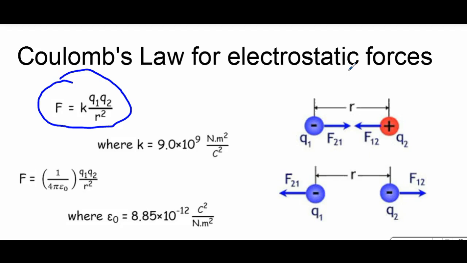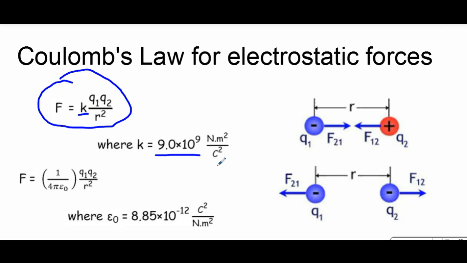And then in the denominator, you'll see the square of the separation distance. We call it R, or sometimes you'll see it marked as a D, or lots of other different symbols could be used for that separation. And so that gets squared. And then we have the fundamental constant for electrostatics here, noted as K. K is actually one of the easier constants for me to remember, maybe because I use it so much, but it's 9 times 10 to the 9th when you round it to 2 digits.